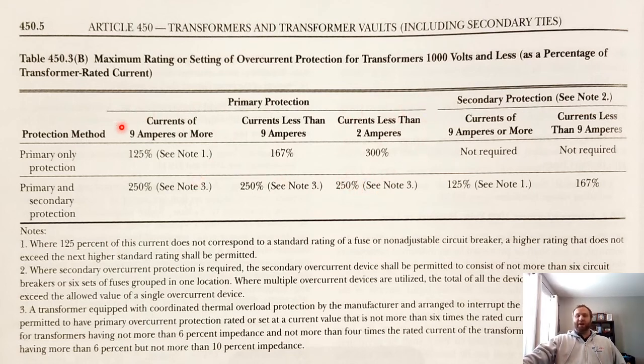But if I used this column where it's only 125% for primary protection only, and it still came to 43 amps, I could then round it up to the next standard size, which I believe is 50, according to 240.6(A). Unless there's a 45 in there that I'm not aware of, but I'm pretty sure it's 50. So know your notes, know your application. You will see a couple of questions involving this.